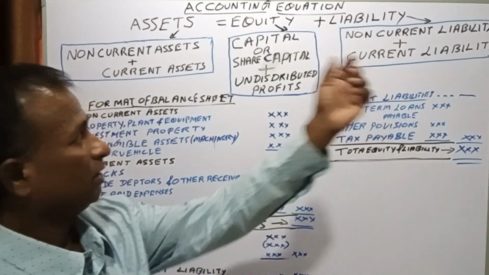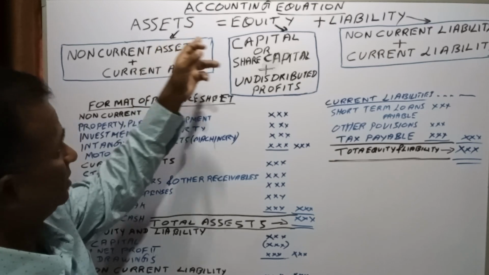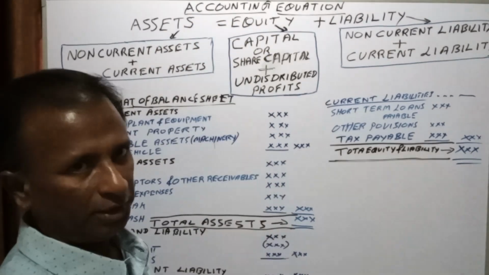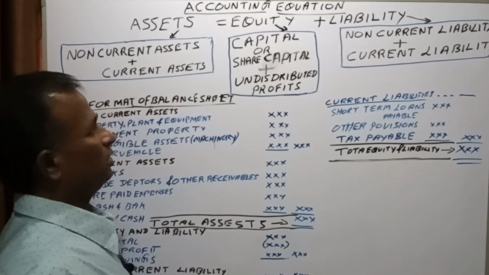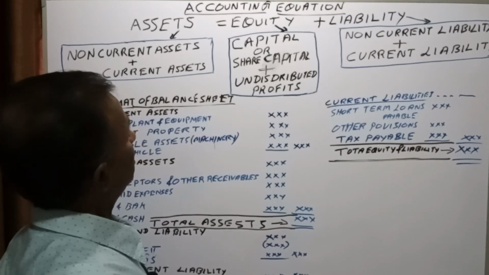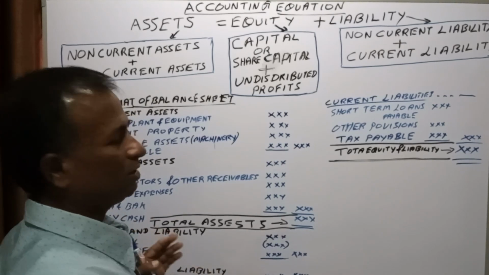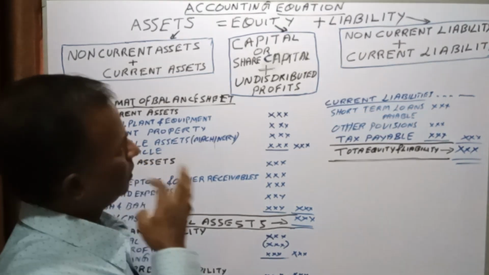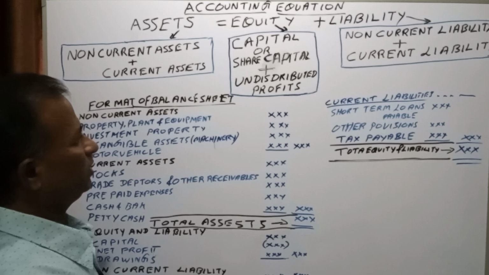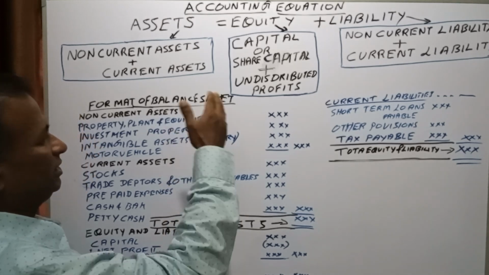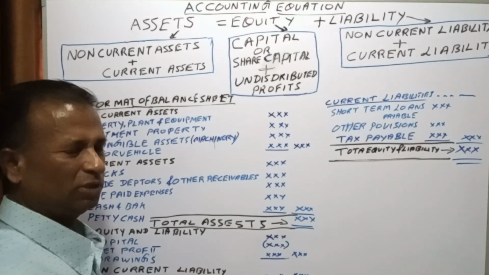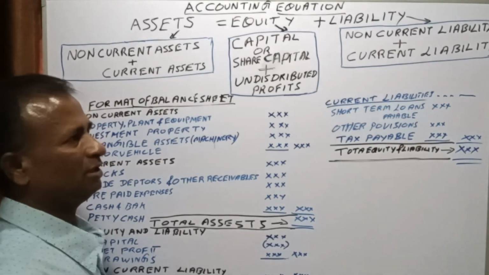Here today, we are going to discuss the accounting equation. This will help you to understand how the balance sheet is prepared. After learning this accounting equation, we can proceed to the exercises.